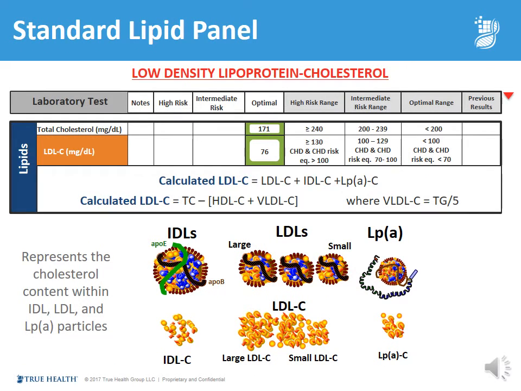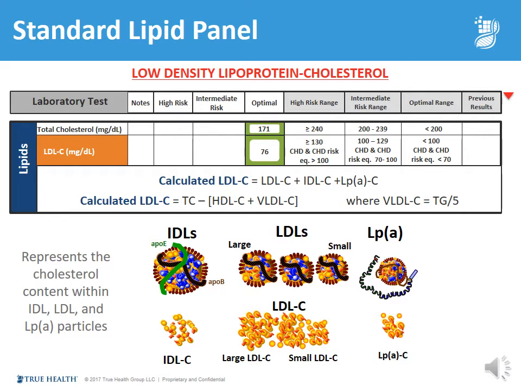First, I want to discuss by far the most commonly ordered and used LDL biomarker in the world, and that would be a calculated LDL cholesterol. This metric is calculated using something called the Friedewald formula, where one takes total cholesterol, a lab assay, and from it you subtract the combination of HDL cholesterol, another directly measured assay, plus a calculated VLDL cholesterol.